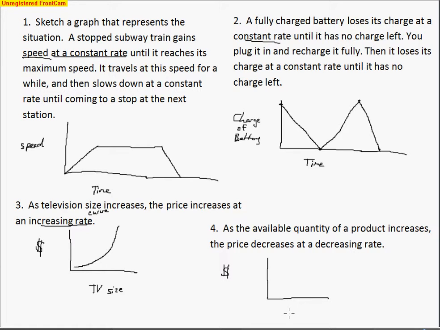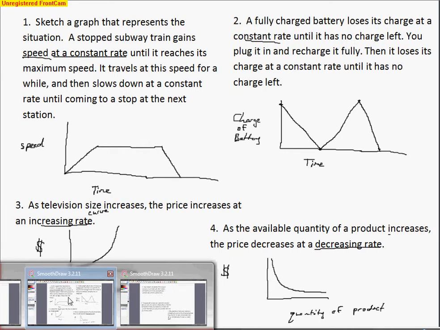So we'll put the quantity of product. And then we'll go ahead and start our chart. Now it says that as the availability increases, so this part is getting bigger, the price decreases at a decreasing rate. So we're going to start high, and at a decreasing rate tells us that we're going to end up having that curve, and it's going to come down like this.